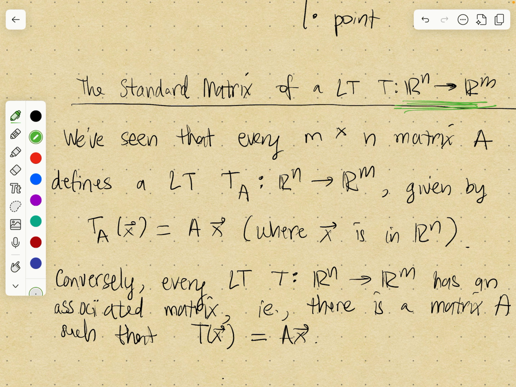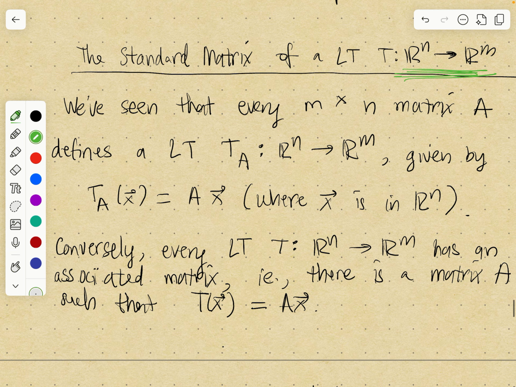Sometimes I've watched videos on linear algebra where they say matrix multiplication is the same as linear transformations. That's not actually true. That's only for a specific type of linear transformation. So linear transformations are actually more general than just matrix multiplication.